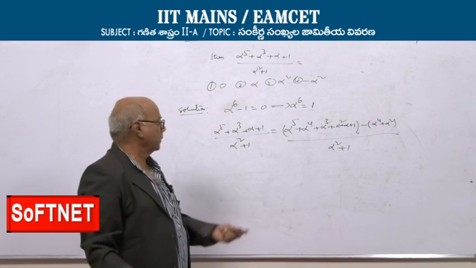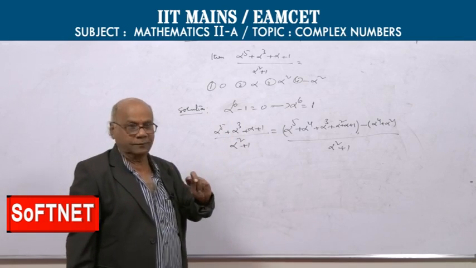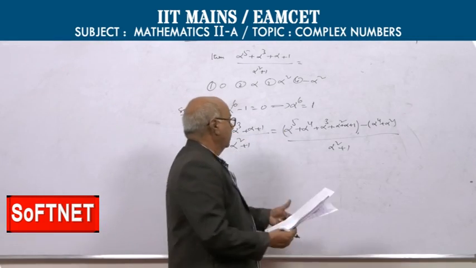So what we did is simply in the numerator add and subtract alpha power 4 plus alpha square. Then you will get this one.